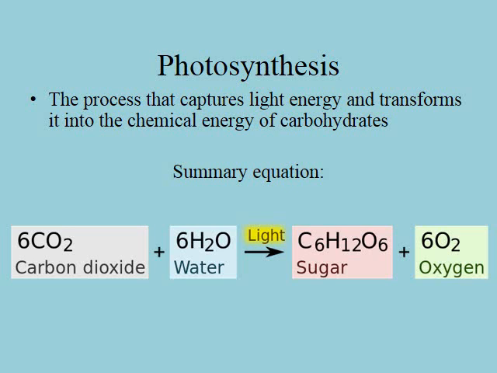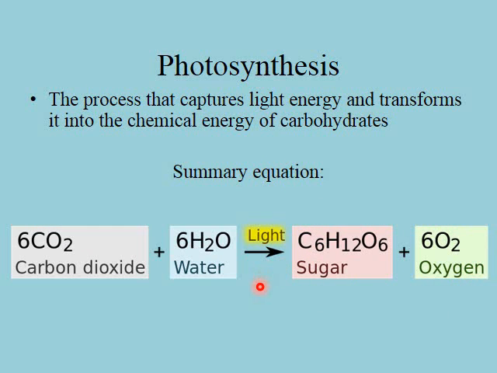And when we look at the summary of this reaction, this equation of photosynthesis, we have the substrates here on the left and the products over here on the right.